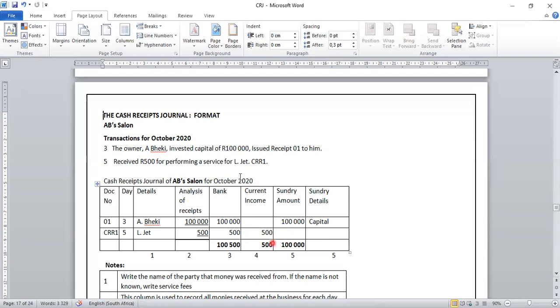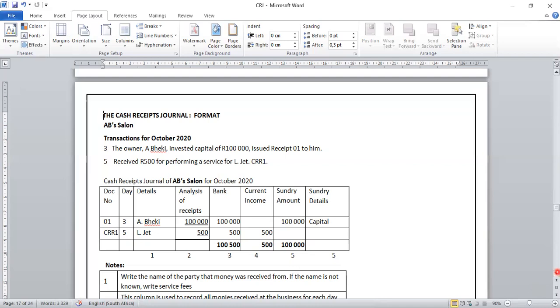So if the question asks you to cast the journal, which means adding up the journals, then we will just add up the bank column. Then we add the 100,000 plus the 500. Then we got 100,500. Then we'll also add up our current income column and also our sundry amount column.